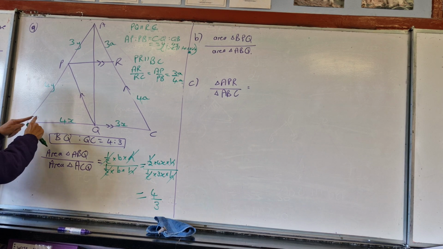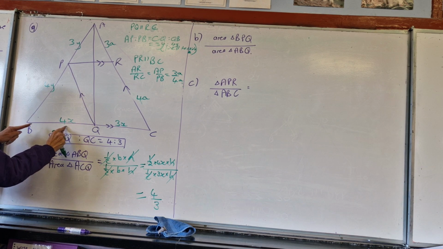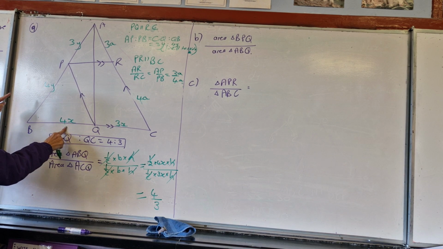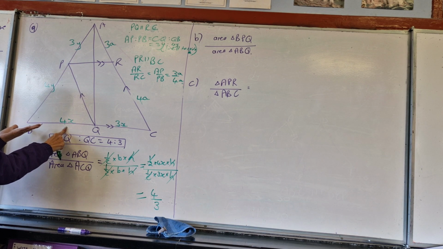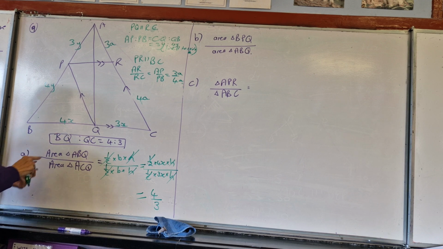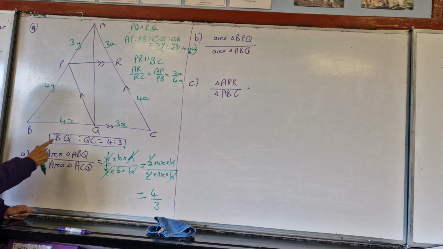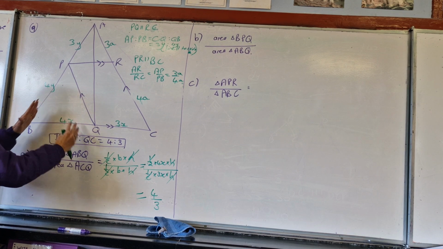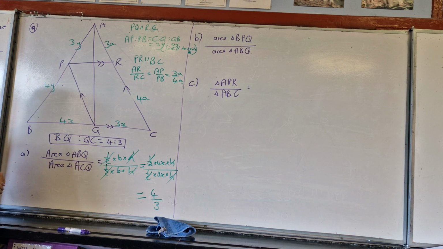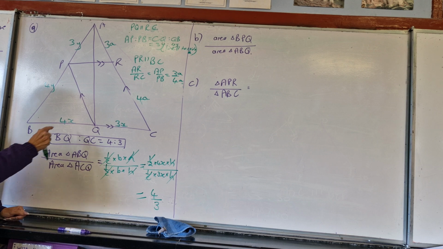But the base, if I take this as my base, and for the bigger triangle, this one, take what as my base? Also 4x, but what's the height? You with me that the base is the same. If you look at it like this, smaller one, bigger one, same base, but what's the height? I don't know what this height is.